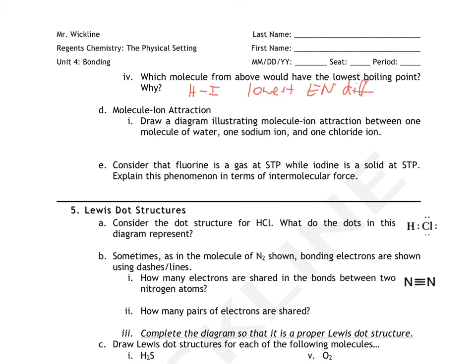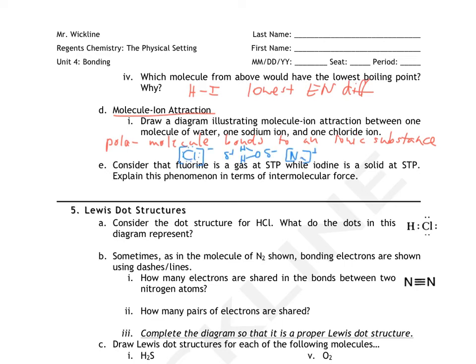So, molecule-ion attraction. Molecule-ion attraction happens when a polar molecule has an opportunity to bond to an ionic substance. And the diagram that I'll draw here is between a molecule of water, a sodium ion, and a chloride ion.